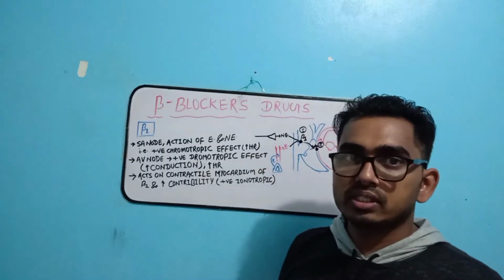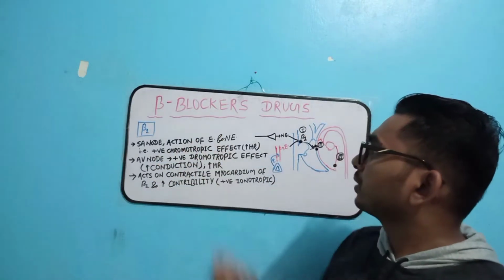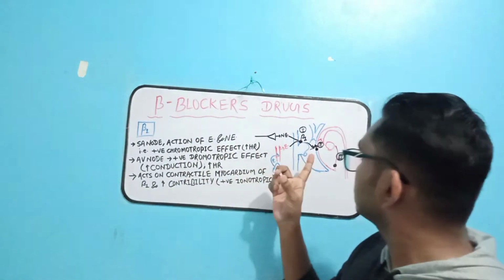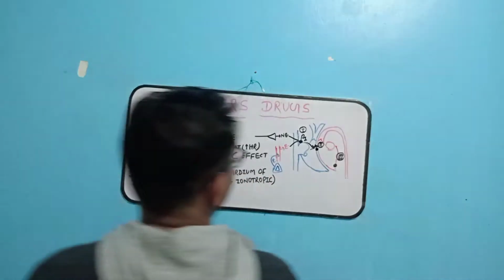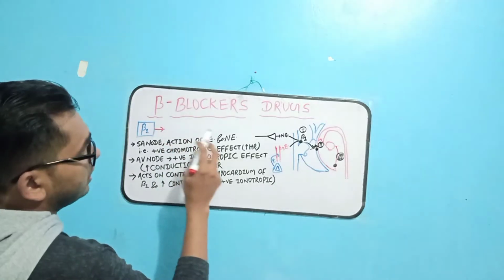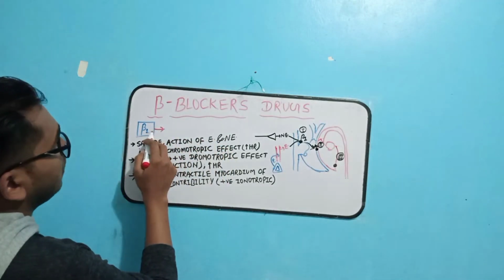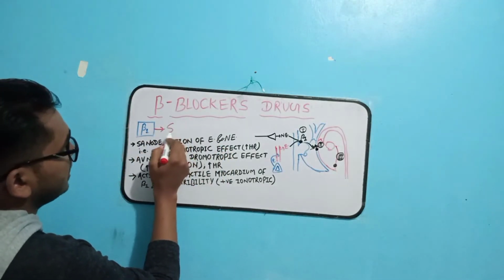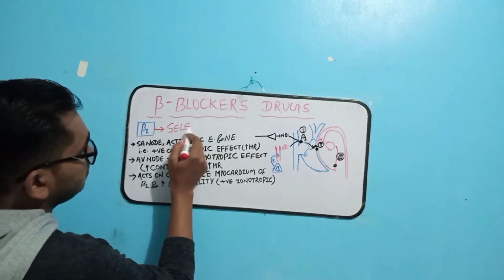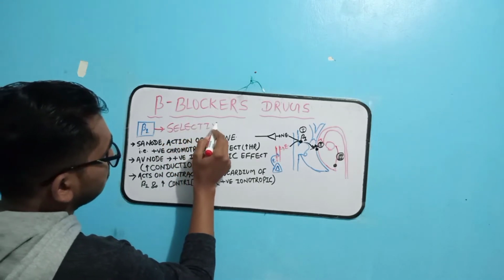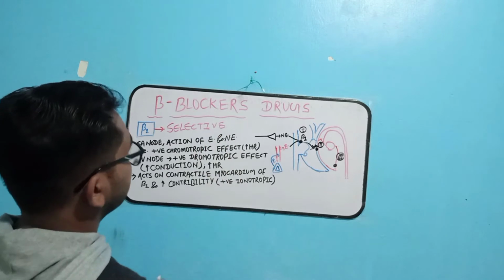So now we have to understand what happens when beta 1 blocker drugs act on the cardiac cells, on the heart. I already discussed before that beta 1 blocker drugs are called selective drugs.